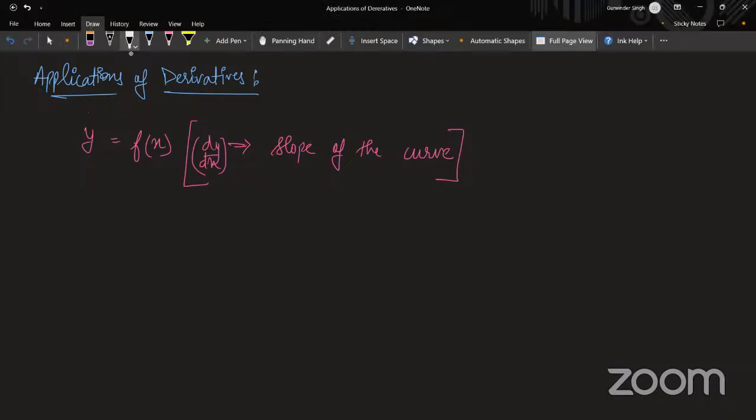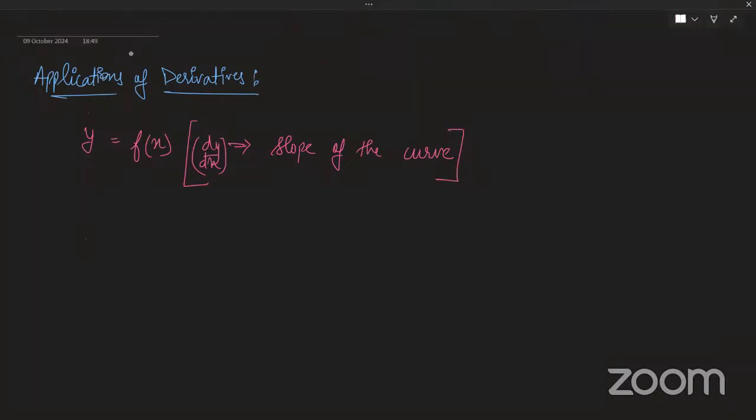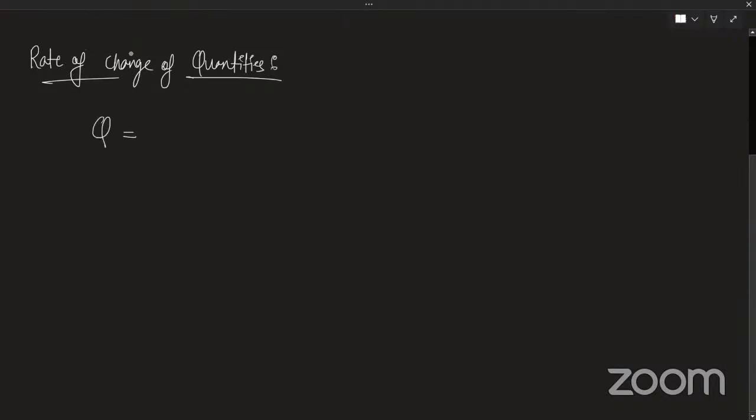Starting with the applications of derivative, the first thing that we will start is rate of change of quantities. Rate of change of quantities. So for example, I give you a quantity, let us assume it to be some variable q. And what is happening is it is dependent on some variable r.